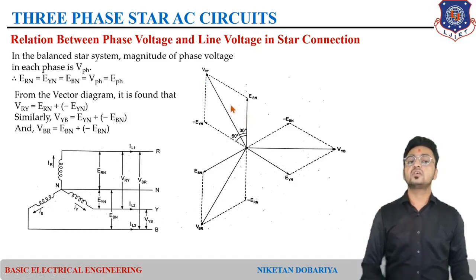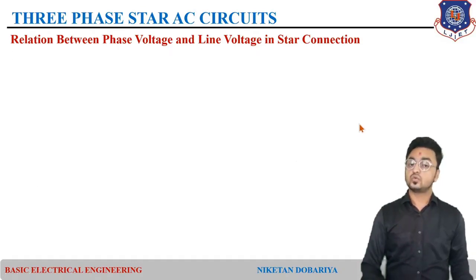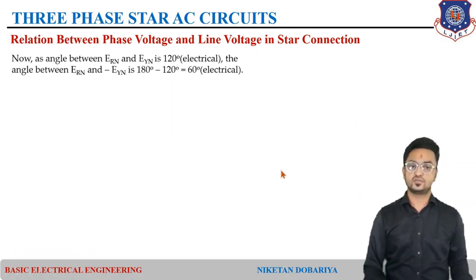Again we plotted this resultant from the center, which again divided the angle in half. So this angle is 30 and this is also 30. So basically we are getting the first line voltage at 30 degrees with reference to the first phase voltage. So this was the relation between phase voltage and line voltage.